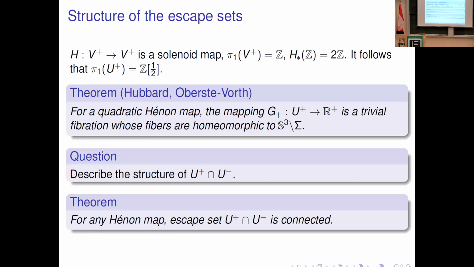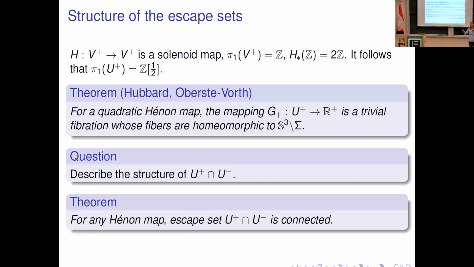It goes the following way. You take a disk and you get two disks. And these disks move as you go around. So that's exactly a solenoidal map. So the map from V plus to V plus is a solenoidal map.